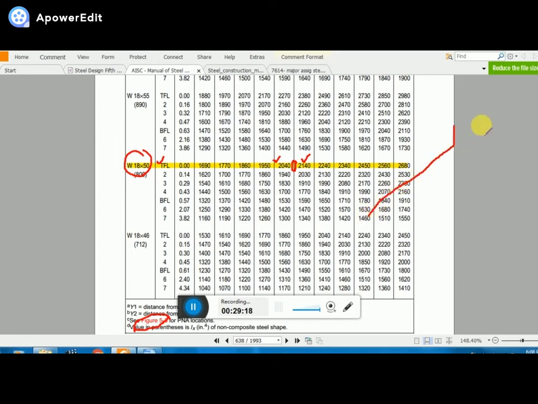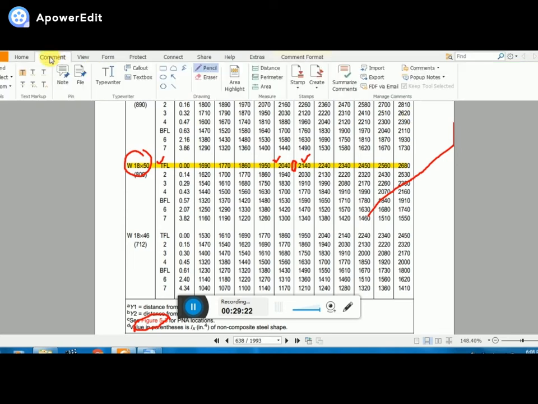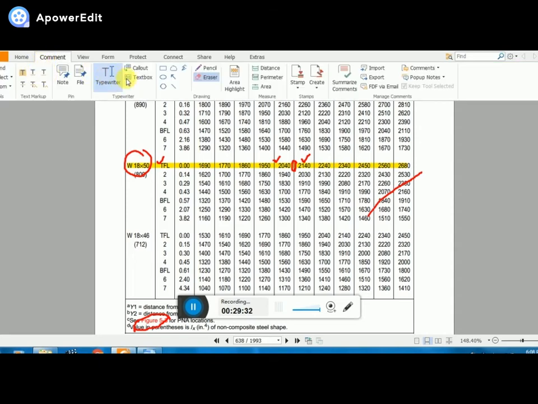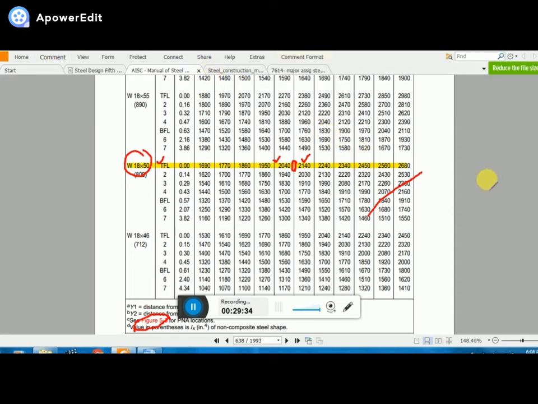Clear? If we draw an inclined line, you can easily get your value. Let's say this is your inclined line, and this is the lower portion of that line, because 2040 is lower than 2140.